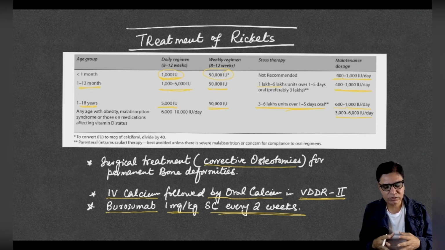Once it's affected, ultimately it would turn into rickety changes, the bone would be affected, the growth would be affected, and in some cases the immune system would also be dysfunctional.